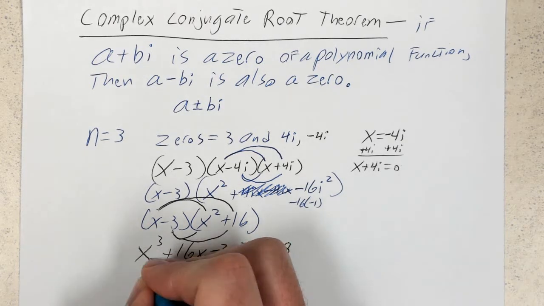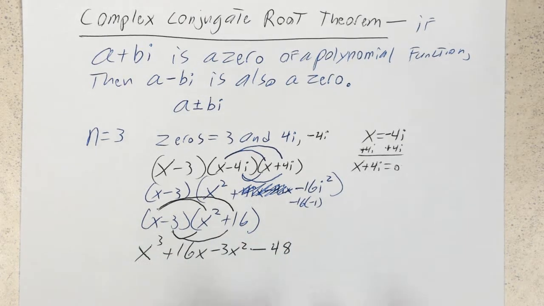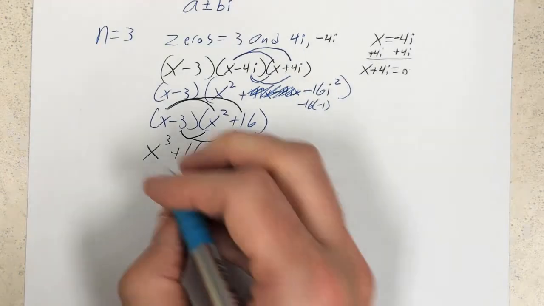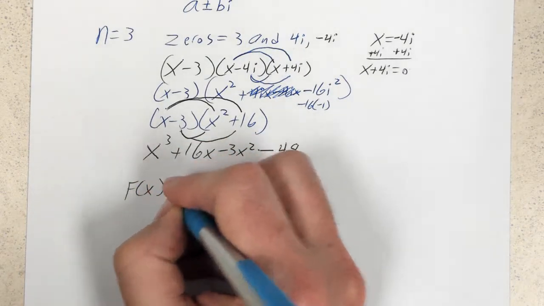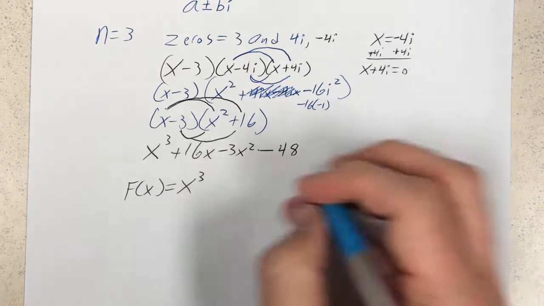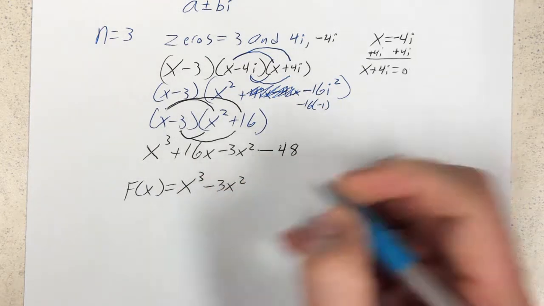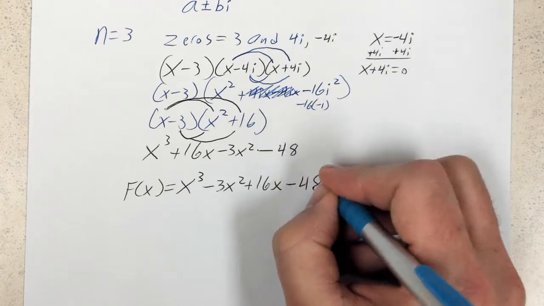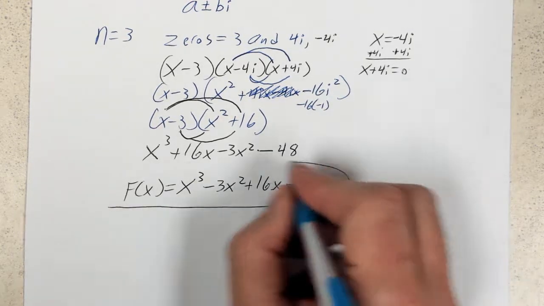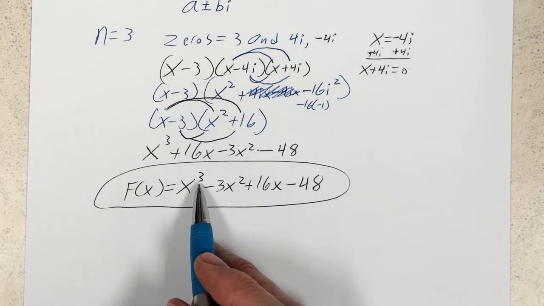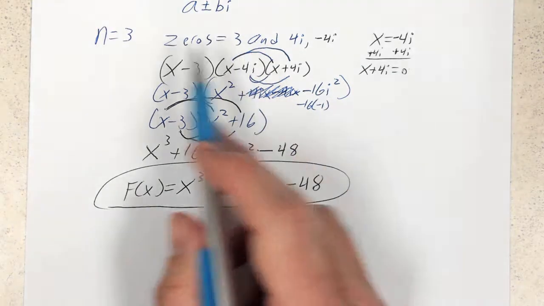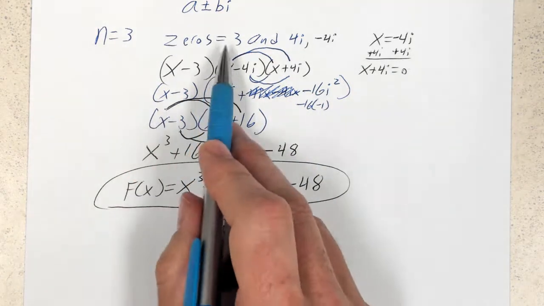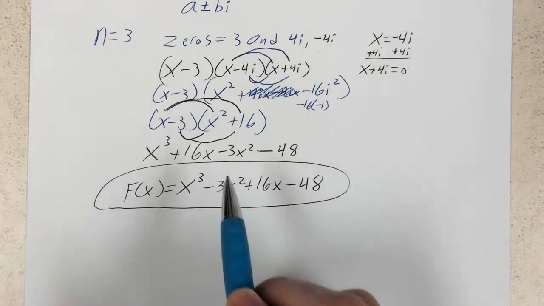Alright, we're so close to being done, it's not quite in standard form, so we want to say f of x is equal to x to the third minus 3x squared plus 16x minus 48. Alright, it's a third degree function. That's what they told us here, it should be 3, 1, 2, 3.